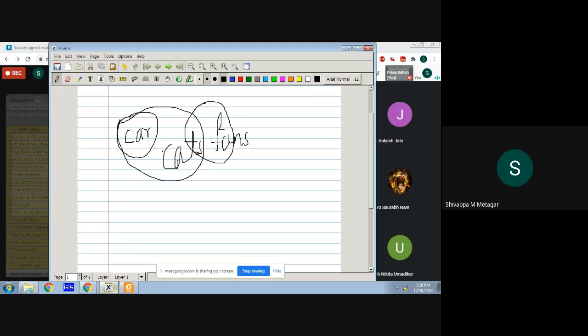This is a circle, and here you can consider this as car. All cars are cats. The second statement is all fans are cats. In the cat part, all fans. Here inside this one is the car part, and here you have to take fans.